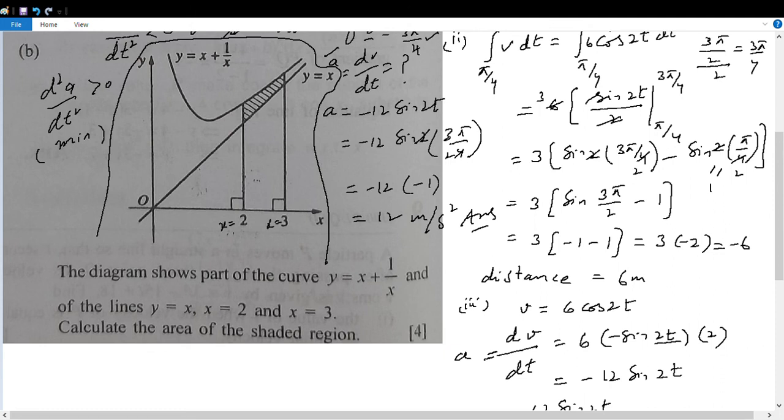Now calculate the area of the shaded region. This is the shaded region, and we are supposed to find out its area.